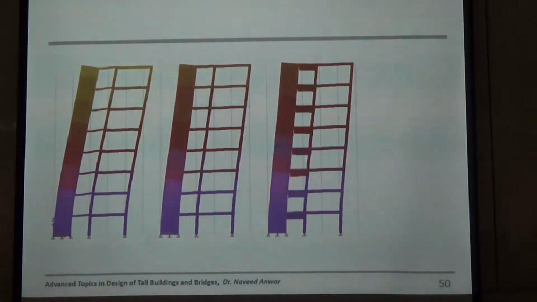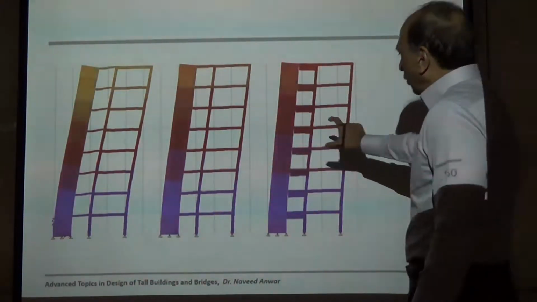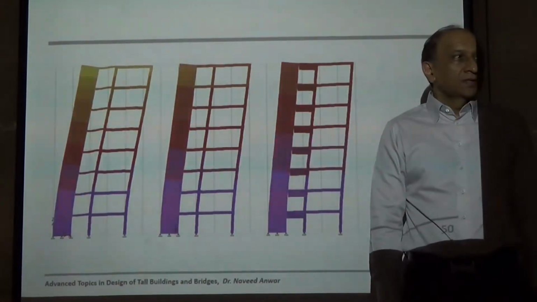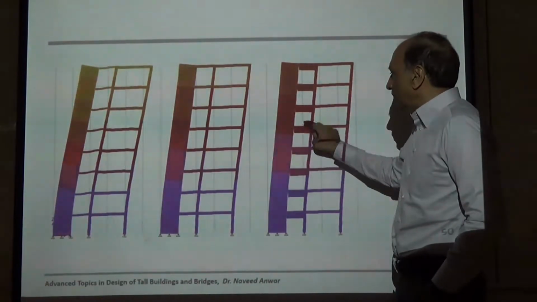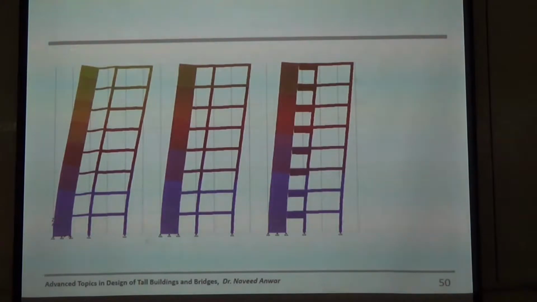So you will increase more and it will keep attracting more forces. So sometimes even a whole floor of beam may not be enough to design that. That's where we have to stop increasing the size and use some alternate mechanism to design these link beams, and I will talk about that.